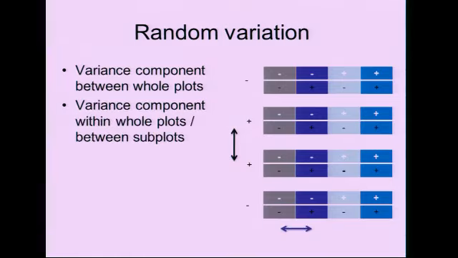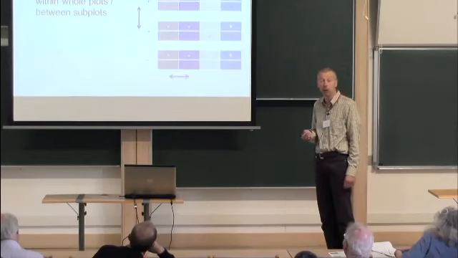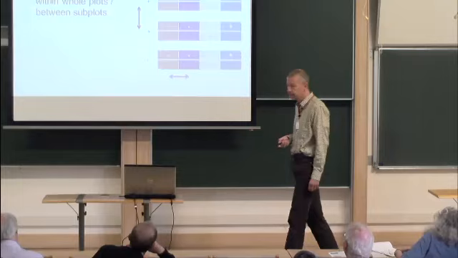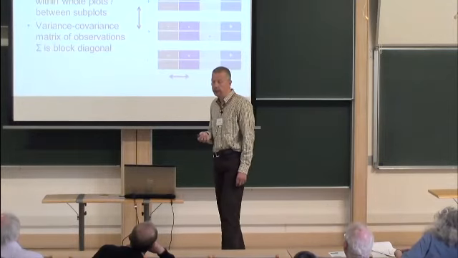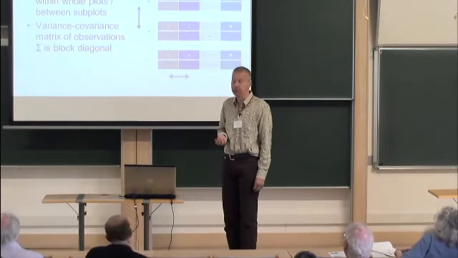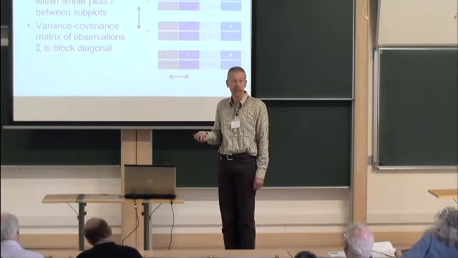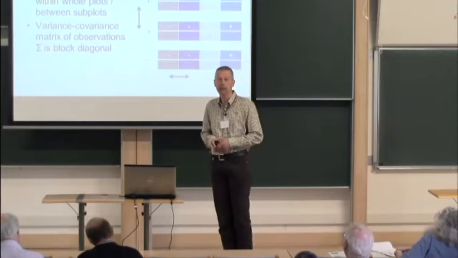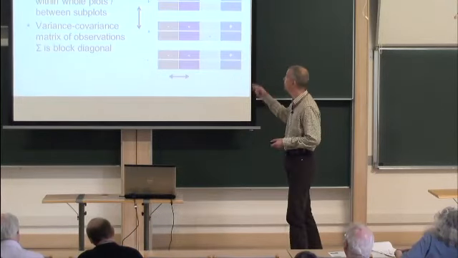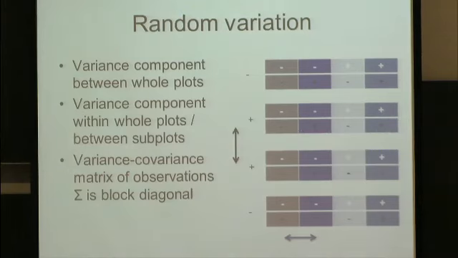And there is also a variance component within the whole plots, or between the subplots of a whole plot. So the variance-covariance matrix of the observations, sigma, is block diagonal, at least if you order the results whole plot by whole plot.